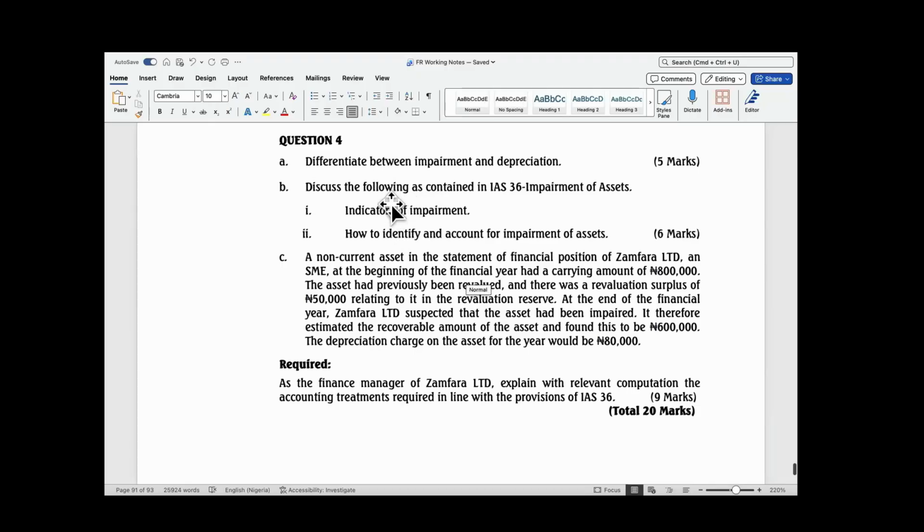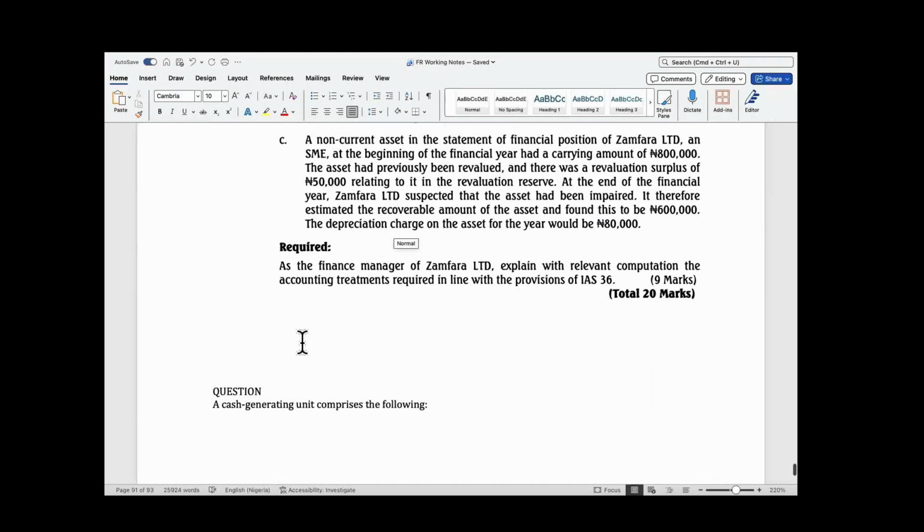So how do you know that an impairment has occurred? You see, it's so sweet the way I've explained it very simply: the carrying amount should not be higher than the recoverable amount. But in real life, what would prompt anybody to want to determine the recoverable amount? It is not that you will be determining it every year, right?